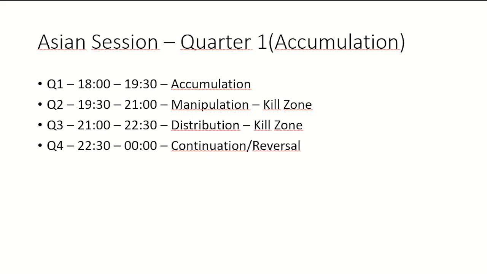Your chart should be set to New York local time anyways. But Q1 is 6 to 7:30, and that is accumulation. Q2 is 7:30 to 9, which is manipulation, or the kill zone for Asian session. Q3 is 9 to 10:30, which is distribution, which is also a kill zone. And Q4 is 10:30 to midnight. That is continuation or reversal.